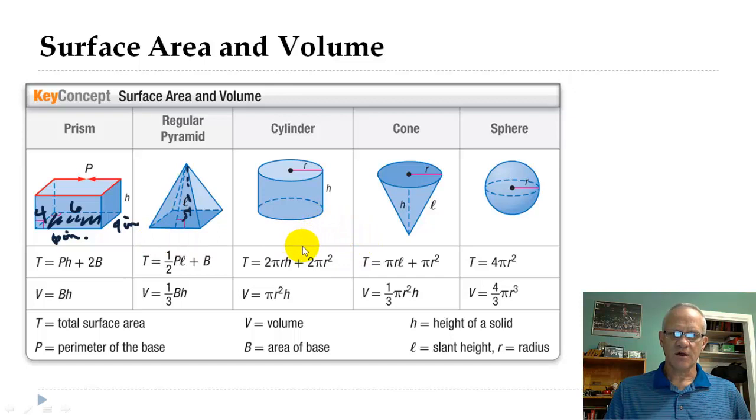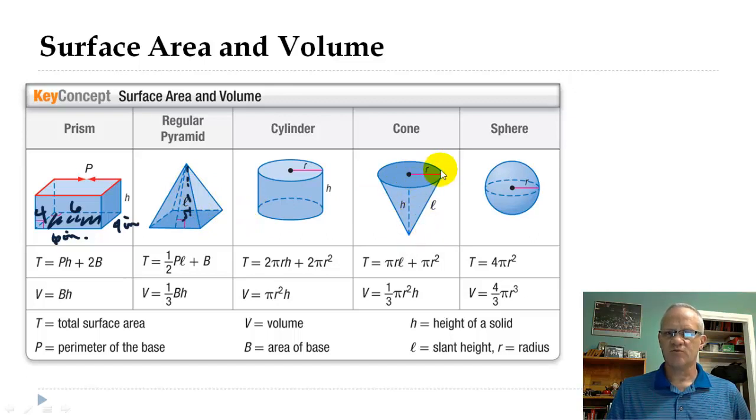Cylinder, pretty straightforward. You're just given the radius in your formulas, which is just the radius of the circle that's the base. And then the height would be how far it is from one base to the other. So you just plug those in. The cone height would be similar to the pyramid, from the vertex straight to the middle of the circle.